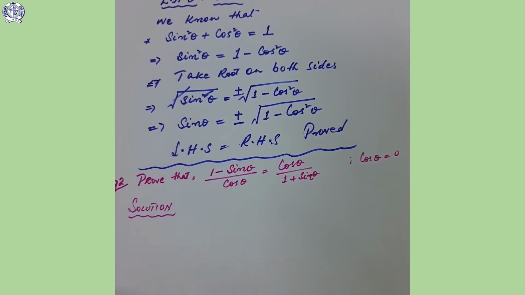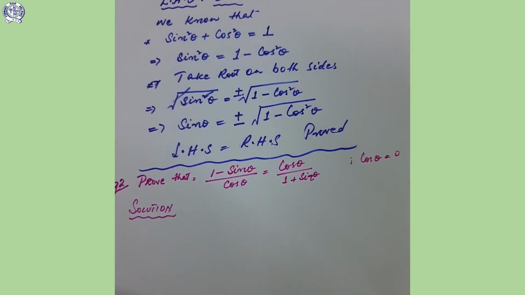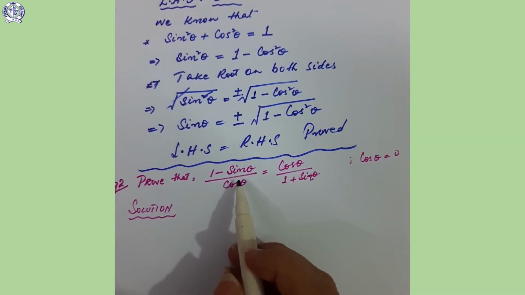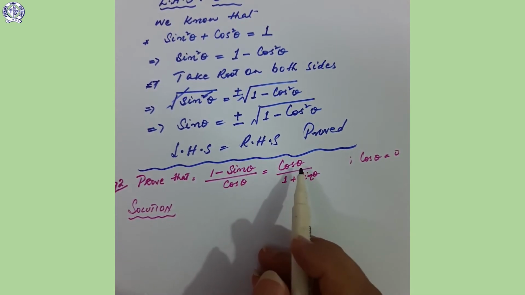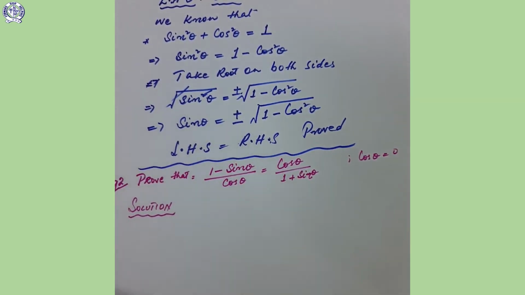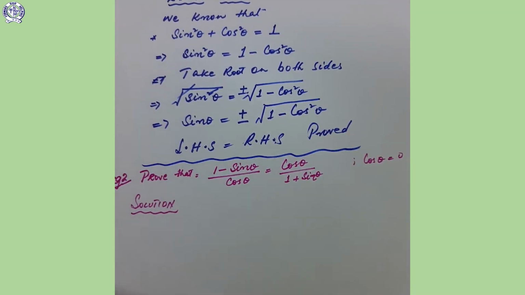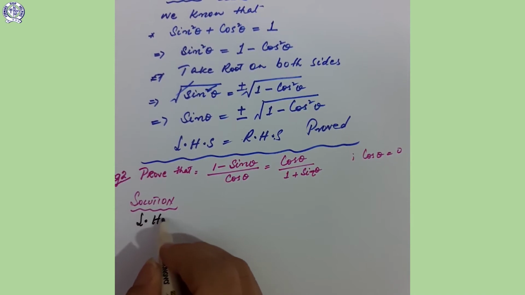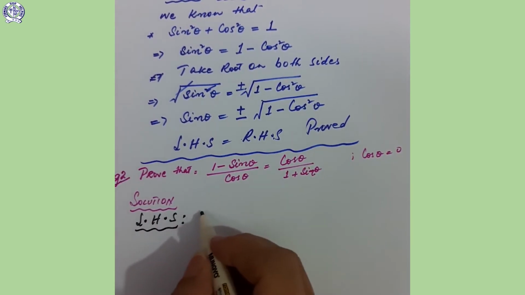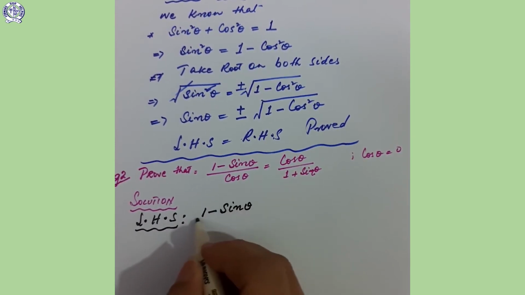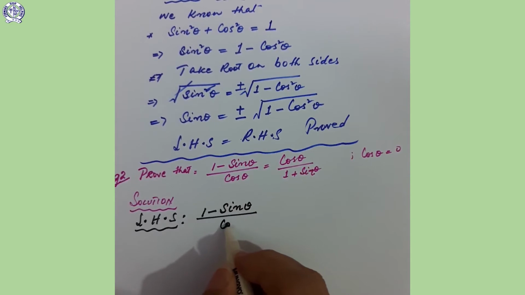Okay, but learn the formulas, and you can easily do it. Now we are going to do the second example from your book: 1 minus sine theta divided by cos theta equals cos theta divided by 1 plus sine theta. We will take the left hand side. So the left hand side is 1 minus sine theta divided by cos theta.